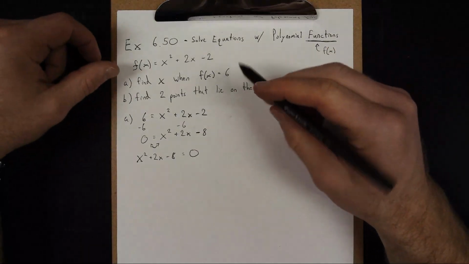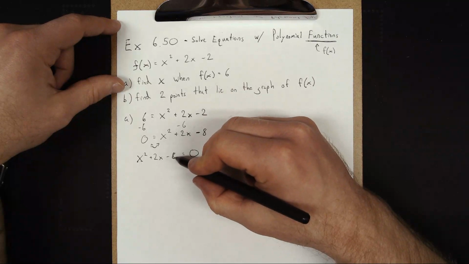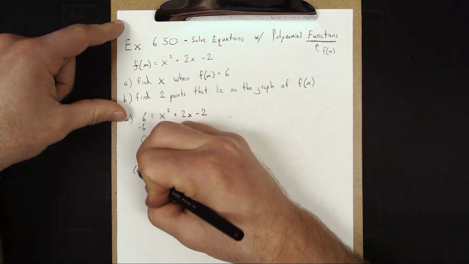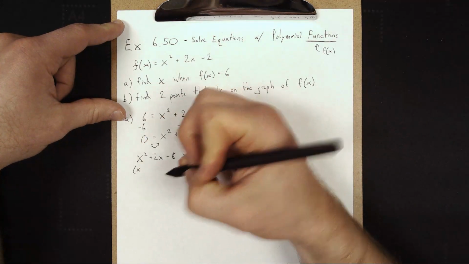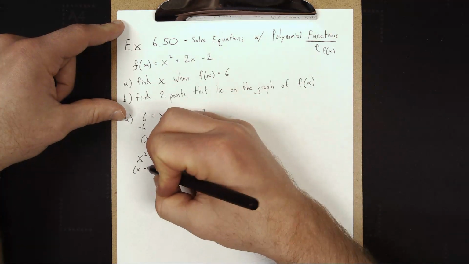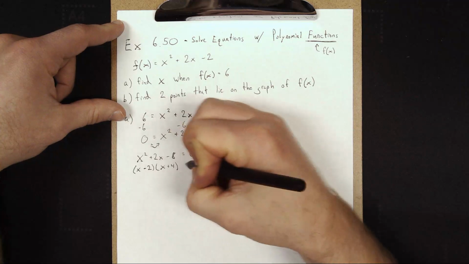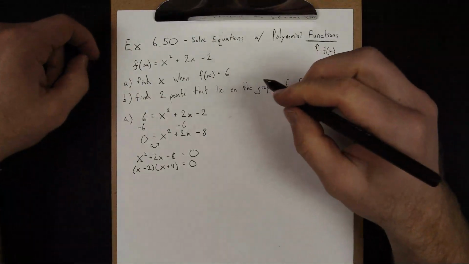You're allowed to flip-flop. All right, now I need two numbers that multiply to be negative 8, add to be 2. So those two numbers are going to be, what, negative 4 or negative 2 and positive 4. So negative 2, positive 4, and that's still equal to 0.